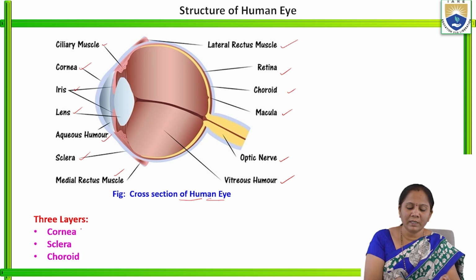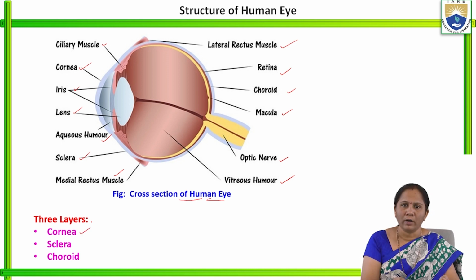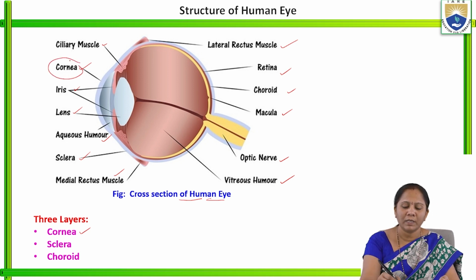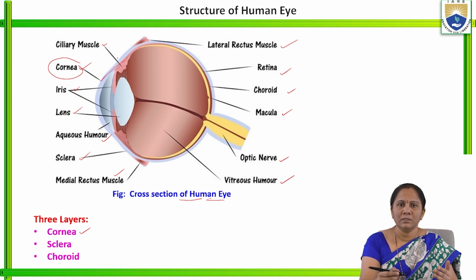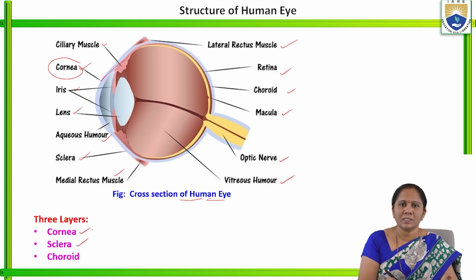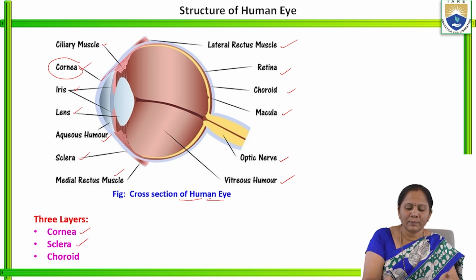The three layers are, first, the cornea. We can observe here this is the cornea, the external membrane, the external layer of the human eye. The next one is sclera. This part represents sclera.